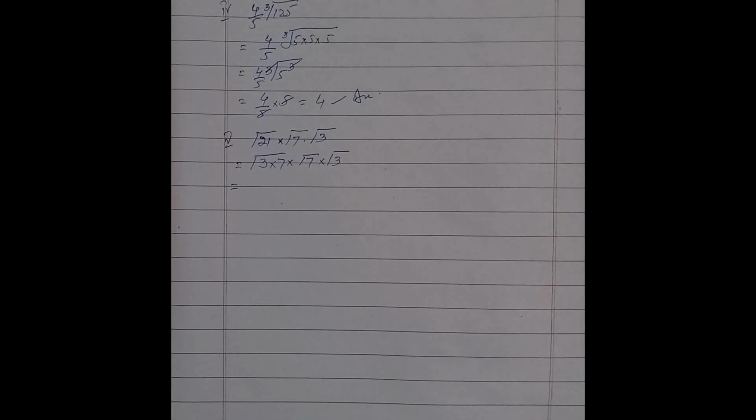When two values are multiplied and we take individual square roots, we combine them in one square root in multiplication.